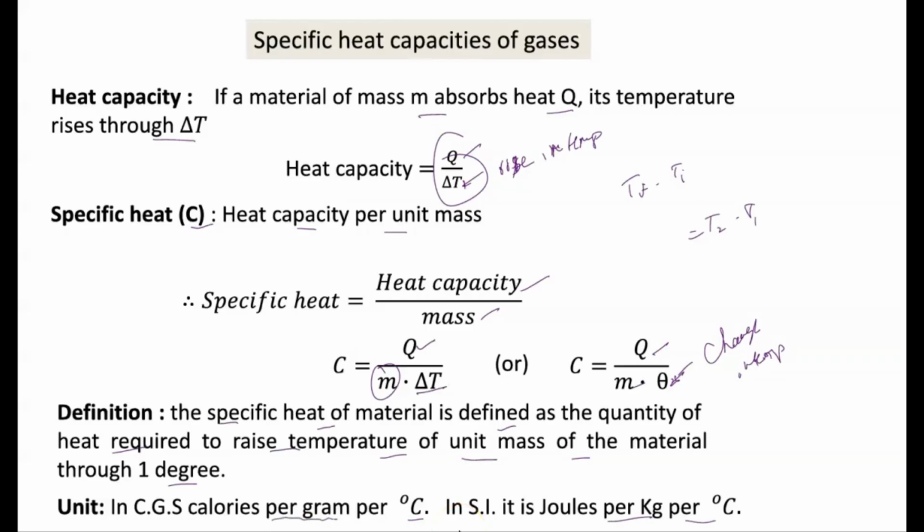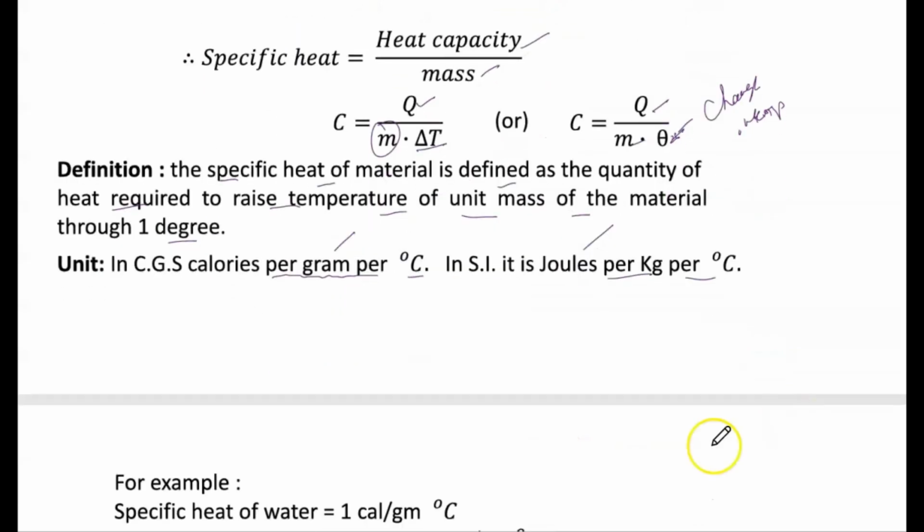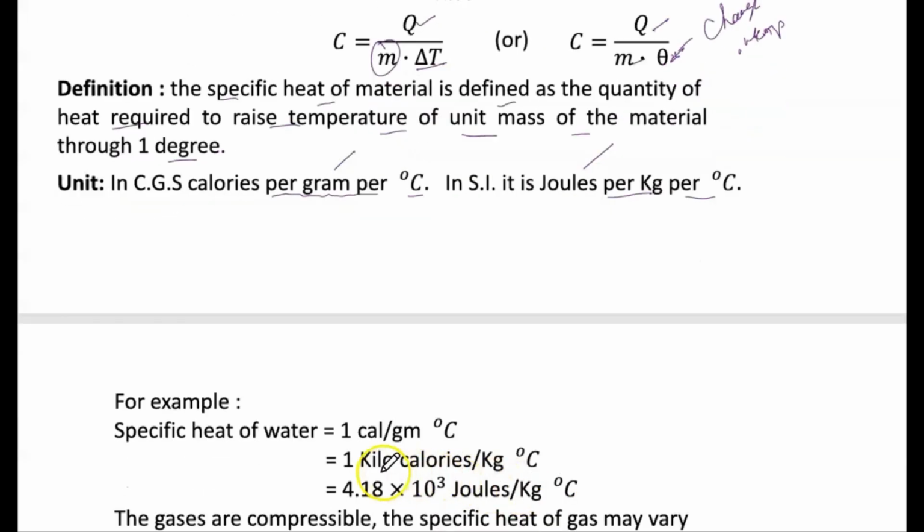For example, the specific heat of water is 1 calorie per gram degree centigrade in CGS units. Converting that, we use the value of the joule constant, 4.18 into 10 to the power 3 joules per kg degree centigrade.